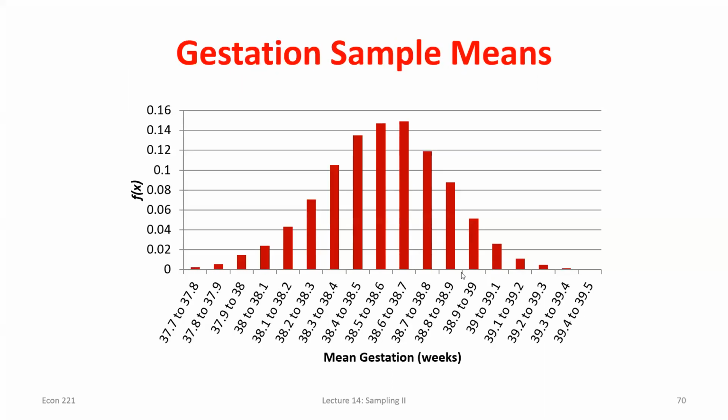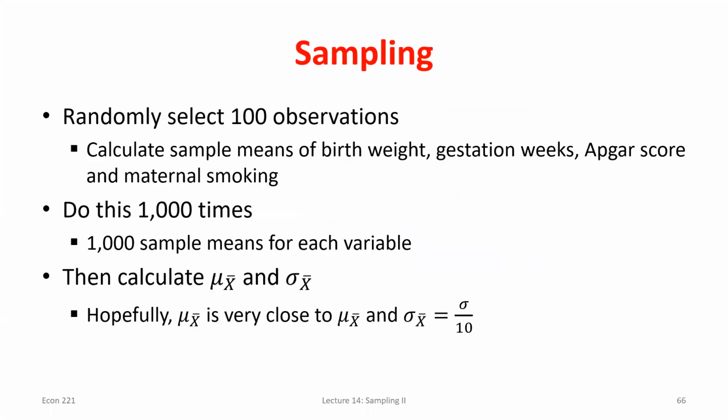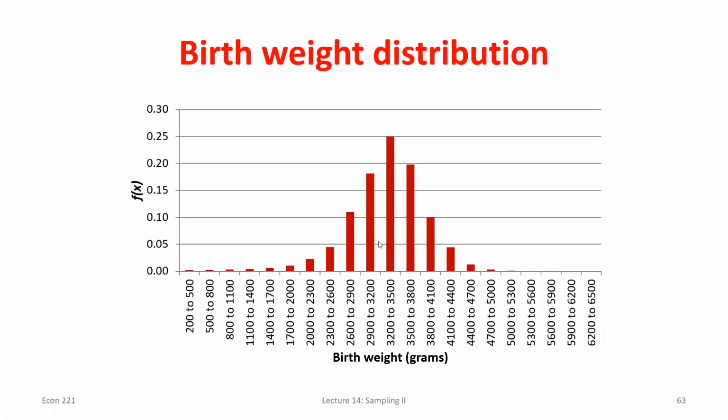Now, what also happens when I'm thinking about taking larger samples is that it reduces the range of values I could see. If I think about just the original data on birth weight, I was seeing values from 500 up to 5,000. Well, when I look at the sample means, the variance of the original data gets reduced by dividing by the sample size. If the variance is smaller, it's like seeing a smaller range of values.